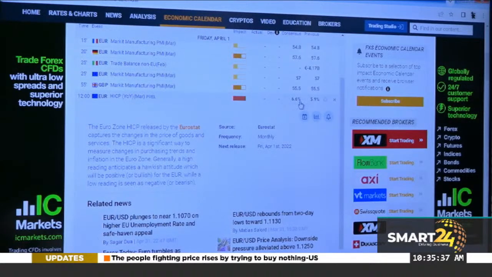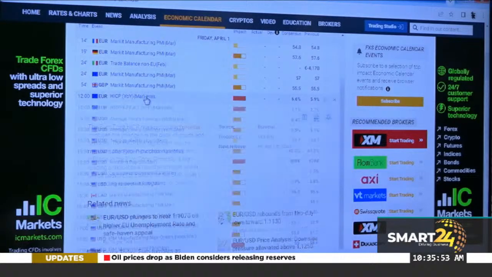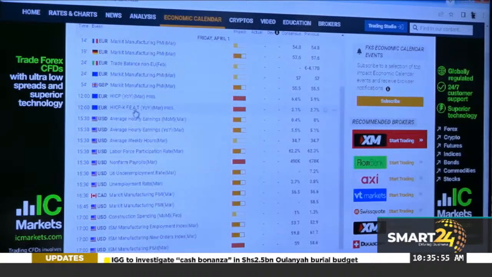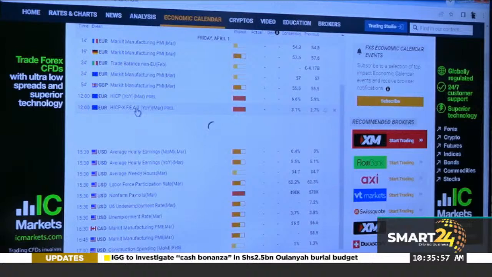So this one is already projected to be very good for the euro, and it's year over year, meaning for the consensus, a lot of time has been put in looking for these numbers and figures to get that 6.6%. Still at the same time at midday, this one here is HICP.